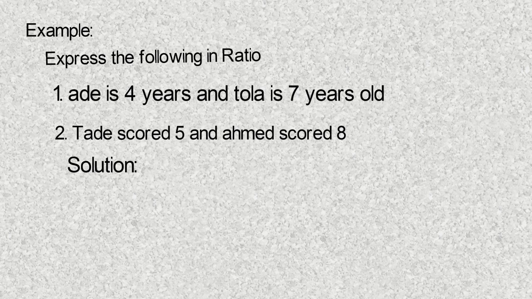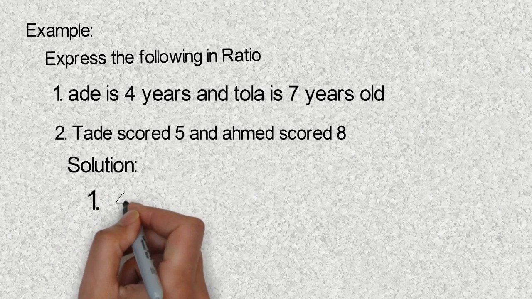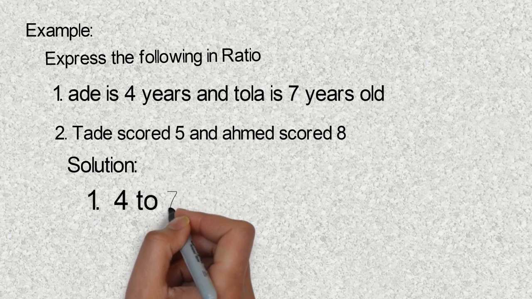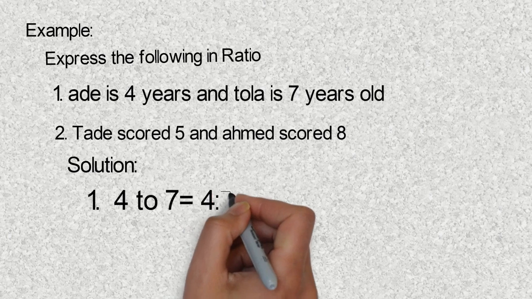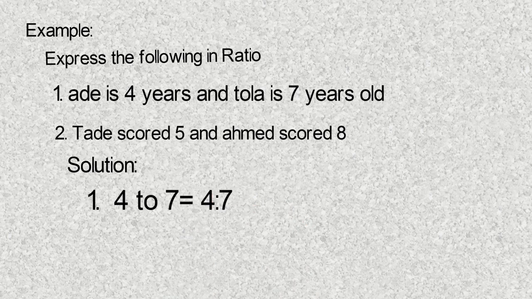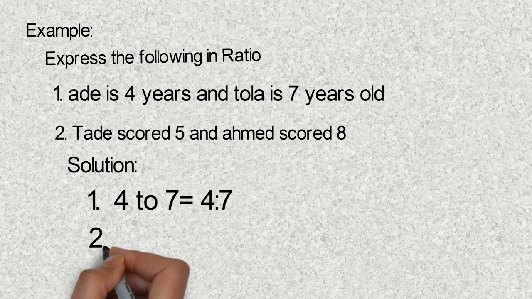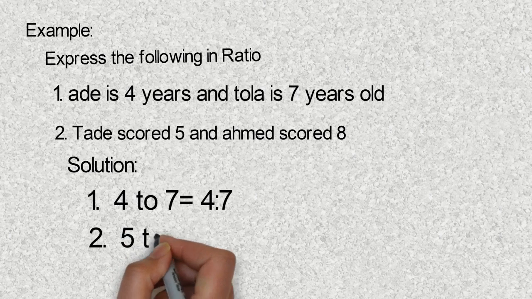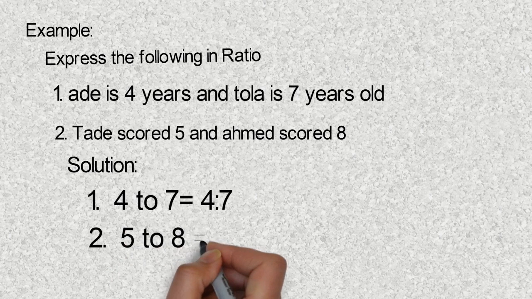We say Ade is 4 years and Tola is 7 years. How do we represent this in ratio? We say 4 to 7, which can also be written as 4:7. Do you see that? Also number 2, we say Tade scored 5 and Ahmed scored 8. You can represent this as 5 to 8 and also as 5:8.